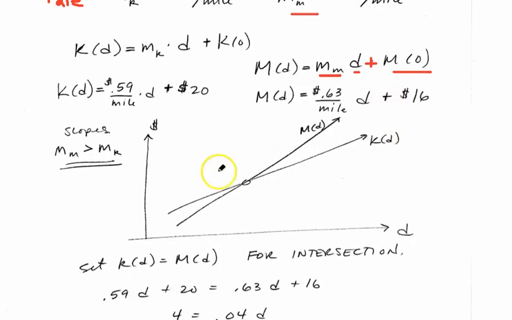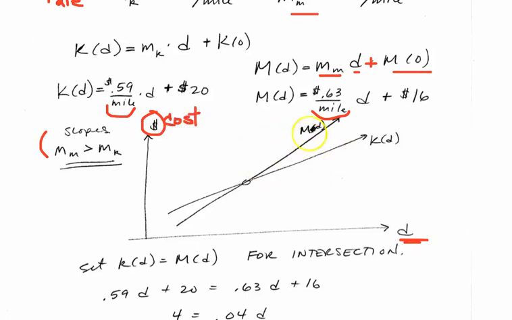If you plot those, let's just take a look at this, you would see that you've got a different rate for each company. So that's the slope. Here's the independent variable, and then the cost is the dependent variable, the cost in dollars.